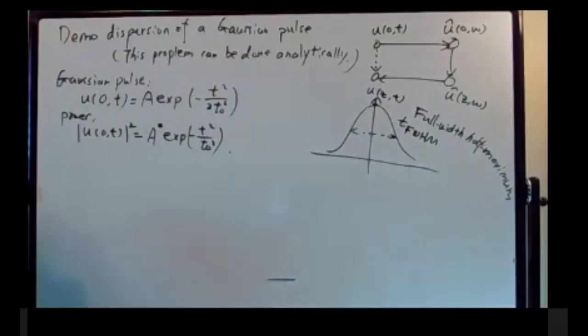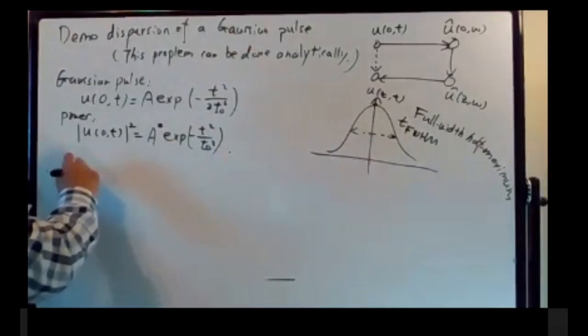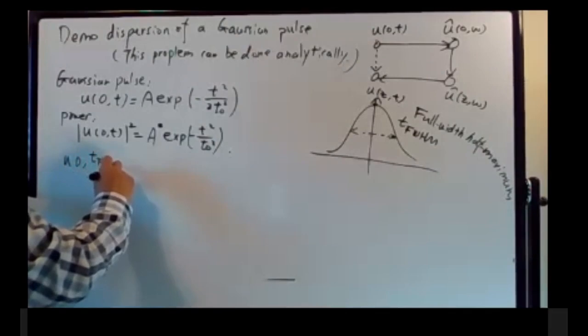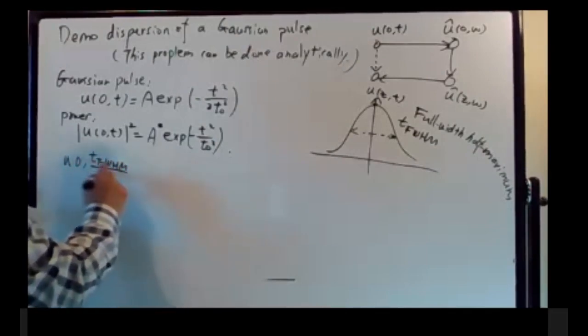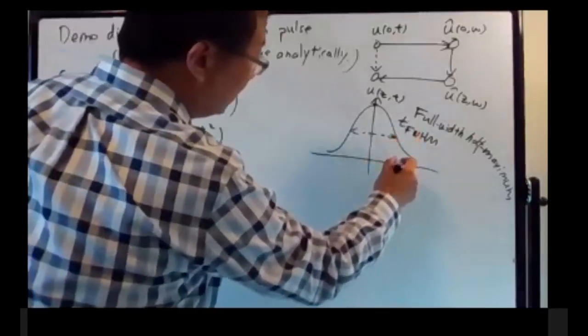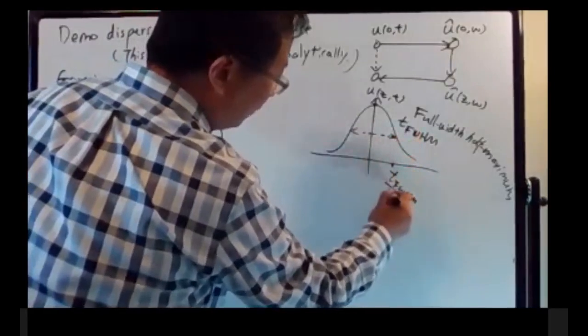Okay, so now we put it into this T, right? Let's put it into this T. So now we have U0 and T full width at half maximum over 2, right? So this is T full width half maximum, and this point is T full width half maximum over 2.